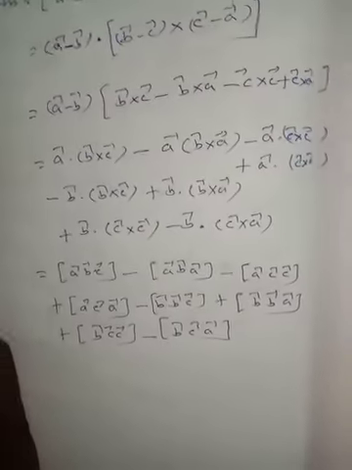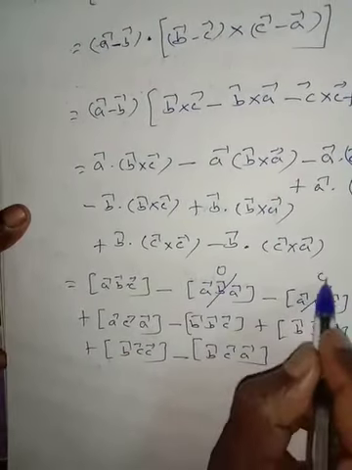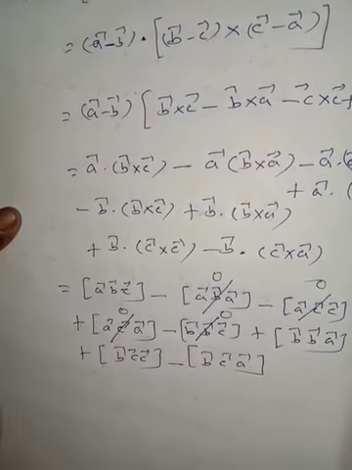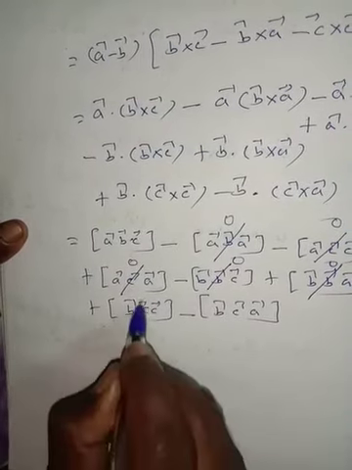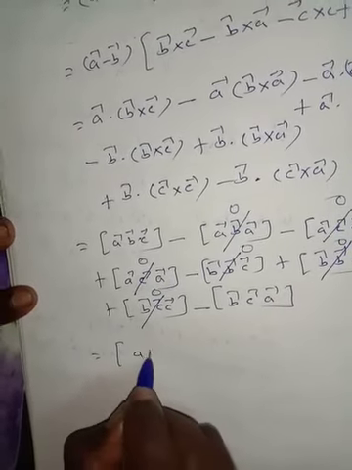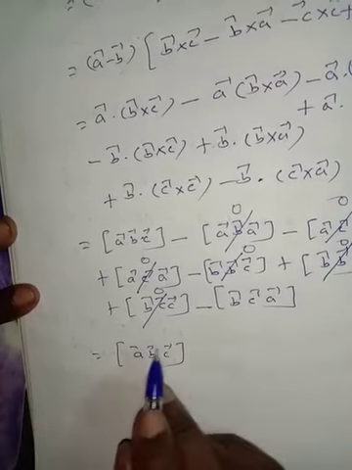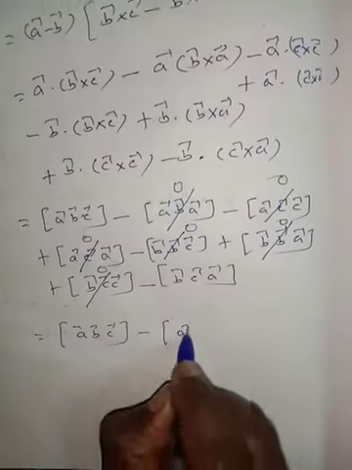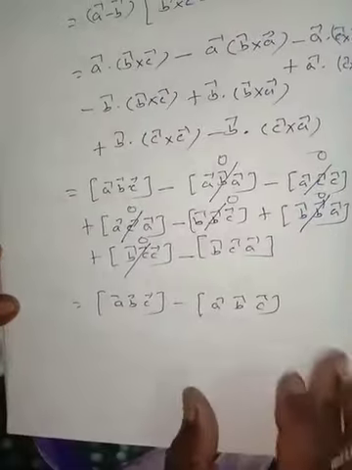Now the boxes with two equal vectors inside are 0, so those terms are 0. The first is equal to the box product of a b c. The box product of b c a means again a b c. So we have the box product of a vector, b vector, c vector minus the box product of a b c vector.